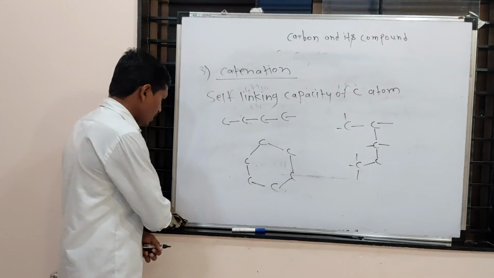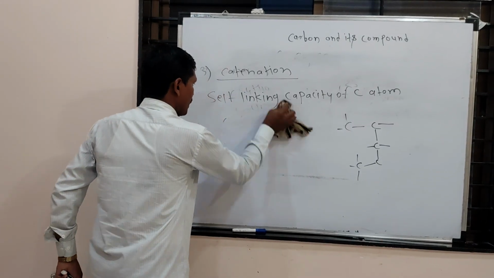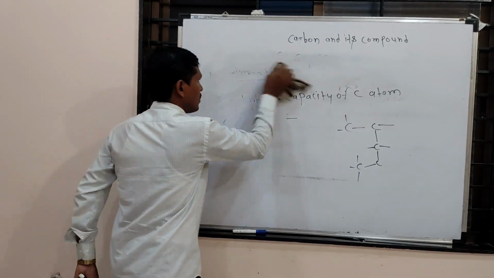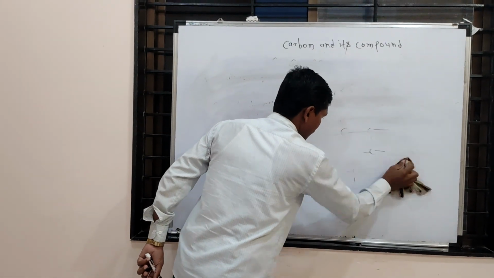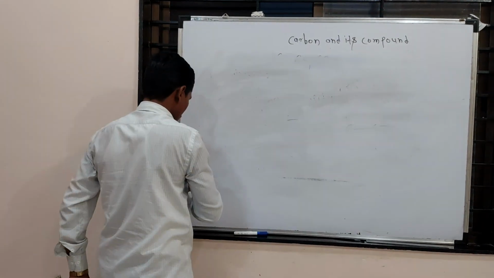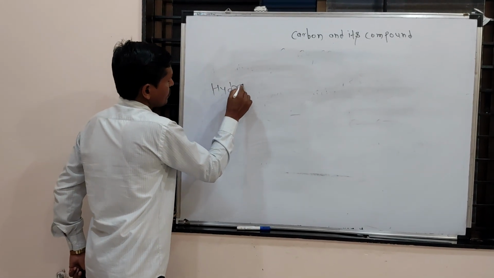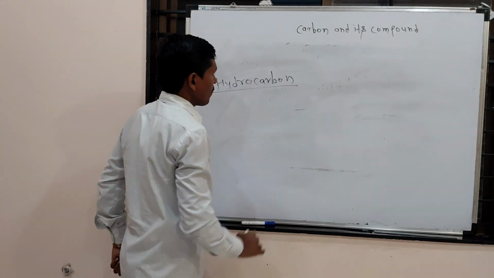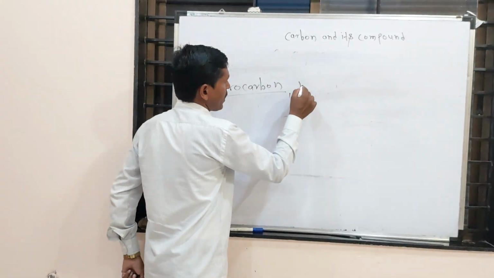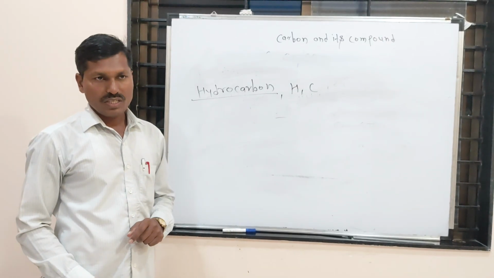Even we know that if we discuss the classification of carbon compounds, especially they are called hydrocarbons. Hydrocarbon means what? The compound which contains hydrogen and carbon, that is called a hydrocarbon.